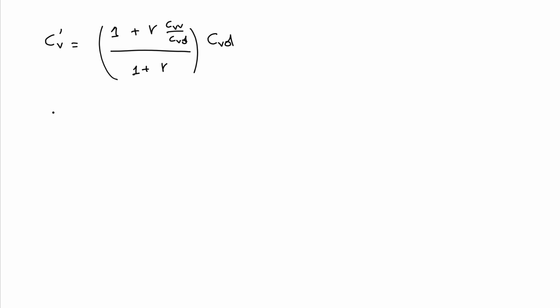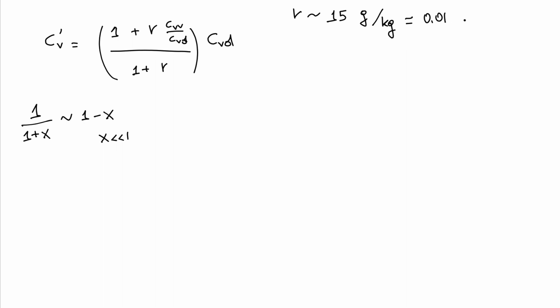How could we simplify this? I hope you remember when we talked about Taylor expansions, that 1 over 1 plus x is 1 minus x, provided that x is really, really small. Okay. Is this true? Well, typical values for R in the tropics next to the surface, I would say something about 15 grams of water vapor per kilogram of dry air, which means 0.015 kilogram of water vapor per kilogram of dry air.